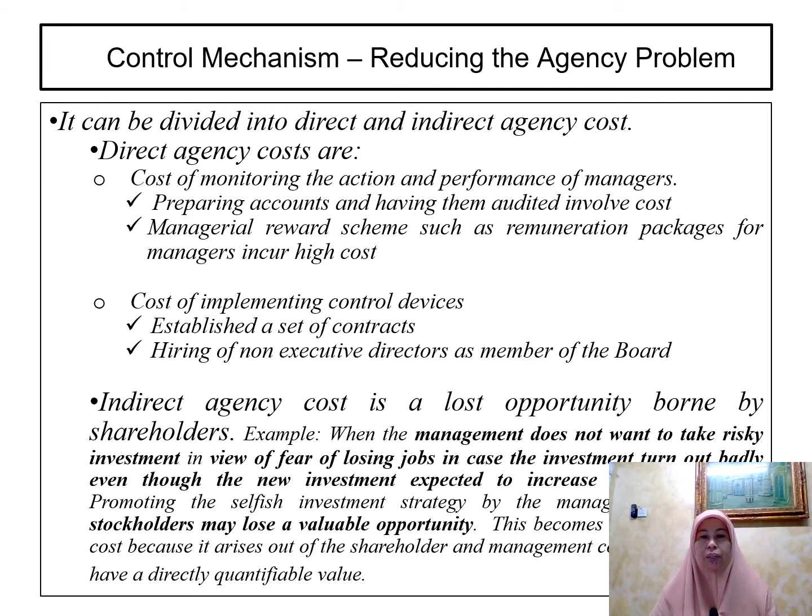So here, for example, the management does not want to take a risky investment for fear of losing their jobs in case the investment turns out badly, even though the new investment is expected to increase the share price or value of the firm. This means that the management doesn't want to take risks because they want to secure their positions.